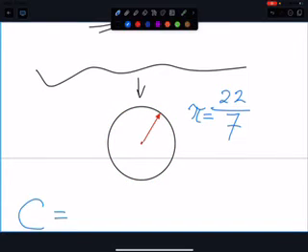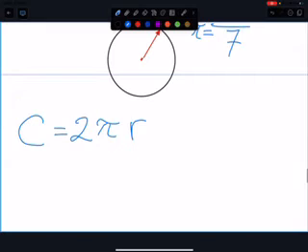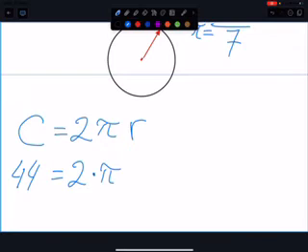So what am I looking for? The formula of the circumference. And what is the formula of the circumference? Circumference equals 2 pi radius. And you already know the circumference, which is 44. So 44 equals 2 multiplied by pi multiplied by the radius, which you want to know.